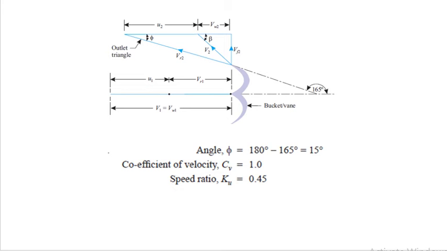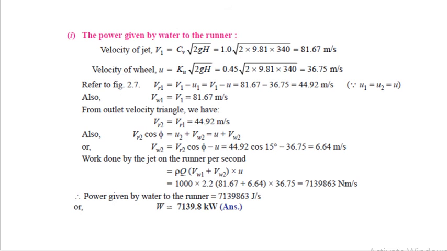Coefficient of velocity is given and speed ratio is given. With the help of these two values, you can calculate tangential velocity and absolute velocity. So absolute velocity at inlet is Cv under root 2gH, that is 81.67 meter per second. Wheel velocity or tangential velocity is Ku under root 2gH, that is 36.75 meter per second. You all know that U1 is equal to U2. It means this is the velocity at inlet and outlet both.